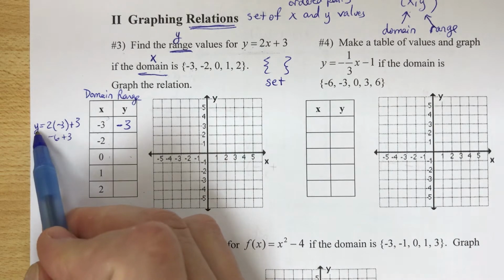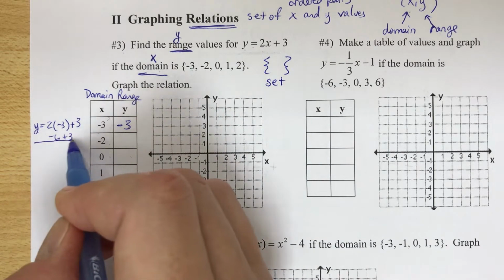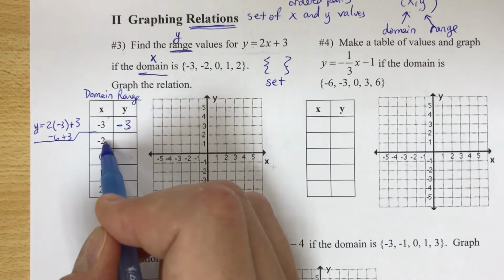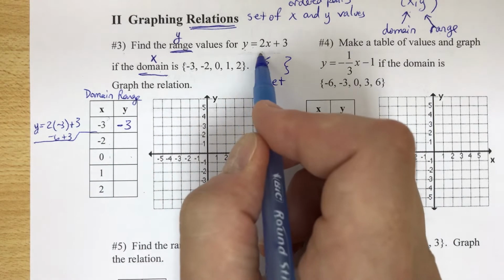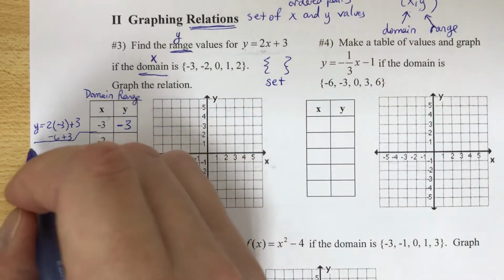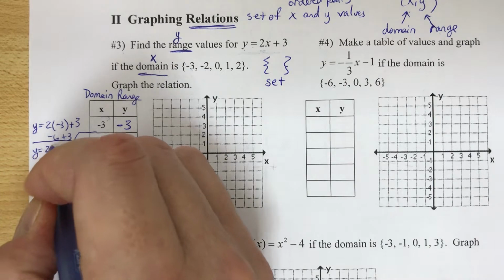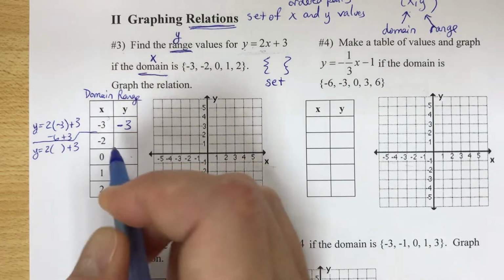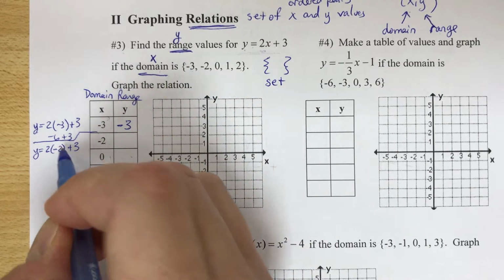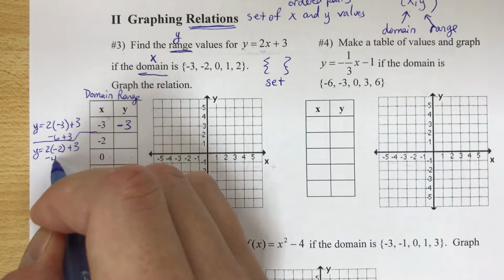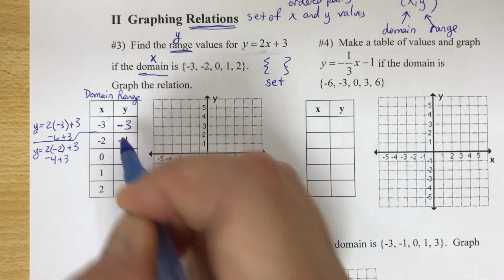That's the y value. Now, if I do it again, if x is -2, I substitute -2 into this. So y equals 2 times x plus 3. The x value is -2. That's -4 plus 3. And -4 plus 3 is -1.